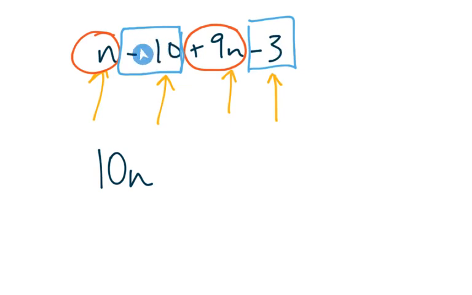So I have 10 negatives and 3 negatives, which just makes 13 negatives. But I'm going to write it as minus 13. You guys, I taught you keep, change, and so a subtract can be the same thing as a negative, because I could change it to plus a negative. Okay?